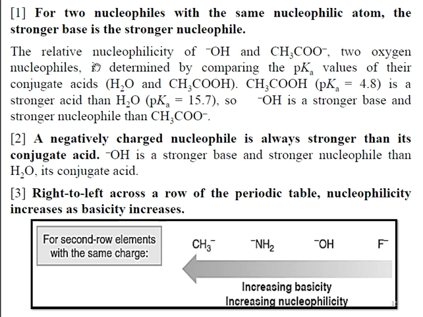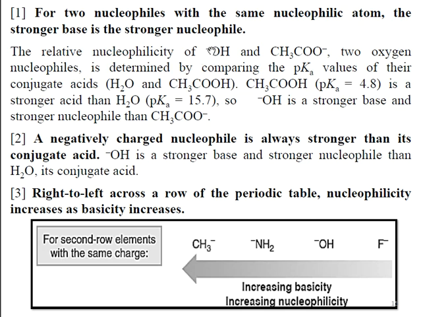For two oxygen nucleophiles, this is determined by comparing the pKa. If you look at the pKa, you will find OH is a stronger base than the other nucleophile, depending on the stability of the nucleophile. A more stable base will be a weaker nucleophile.